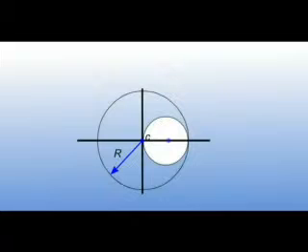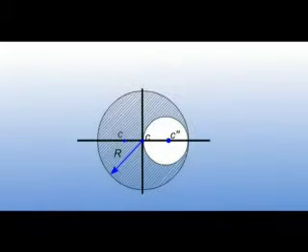Now let's see one more solved example. Suppose there is a circular disk of mass m. The radius of circular disk is r and the center of the disk is at C. Now a hole of radius r by 2 has been punched.